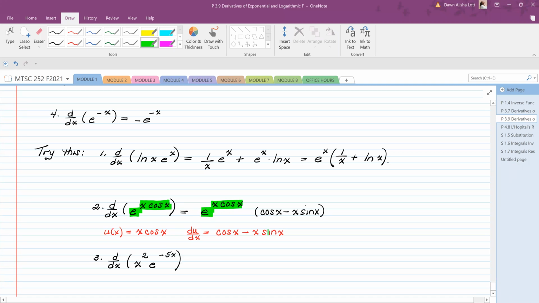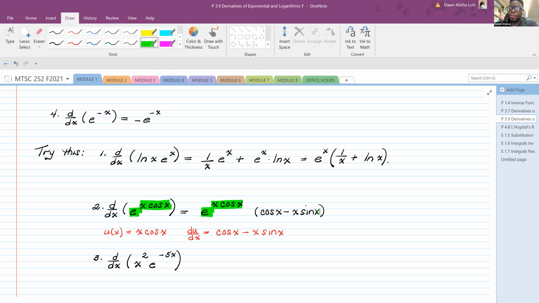And then you have to multiply by the derivative of u. And the derivative of u is the product rule. The derivative of u gives you cosine x minus x sine x. There is no exponential with the sine at all. Got it. Thank you for the correction.